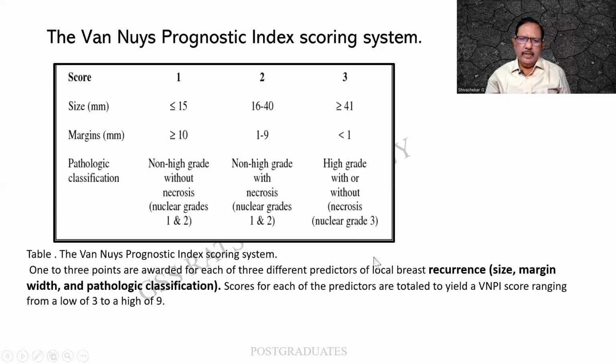And this is the one. They are the main predictors for the local breast recurrence as well as the development of the tumor. Van Nuys Prognostic Index scoring system.